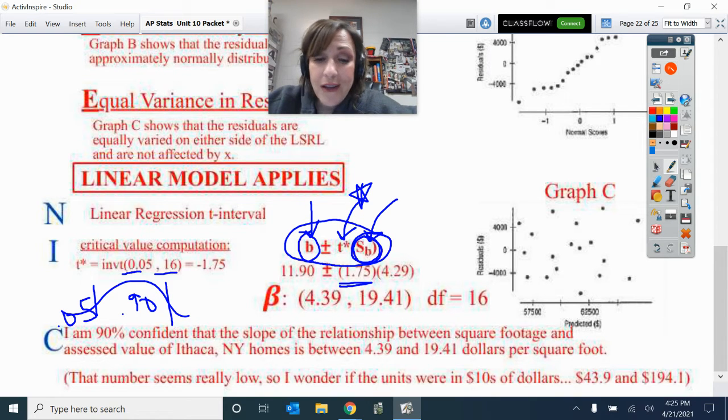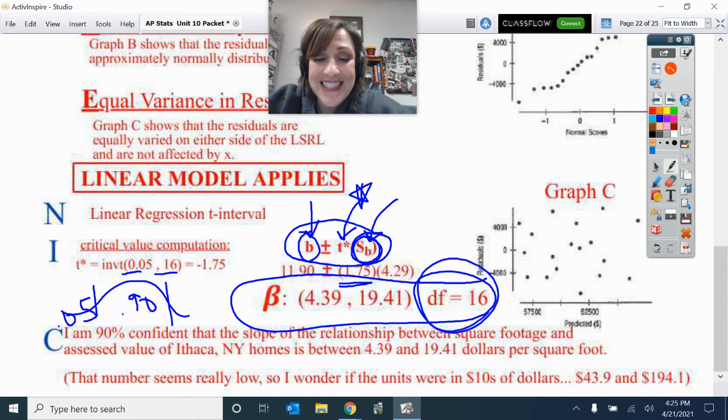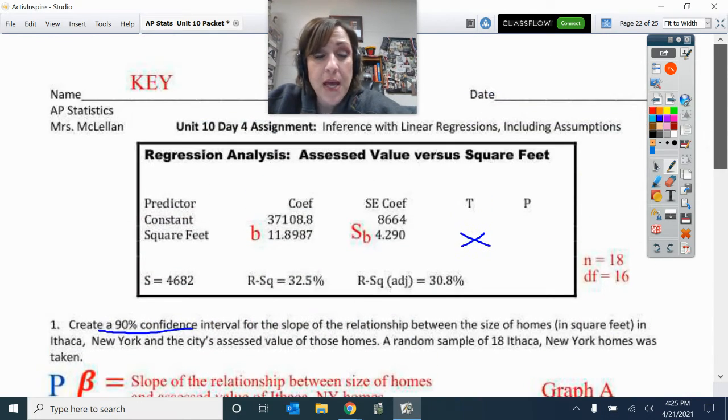It may be even in thousands. I don't know what, but I'm pretty sure it's not 4.39 to 19.41. So that came out strange. When you are writing your interval, don't forget to write down which degrees of freedom you used for your computing. All right, so that was the free response problem.